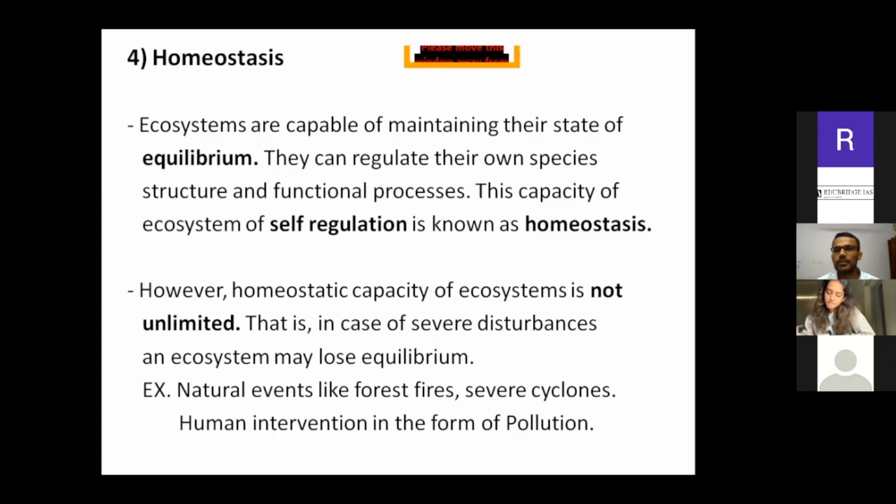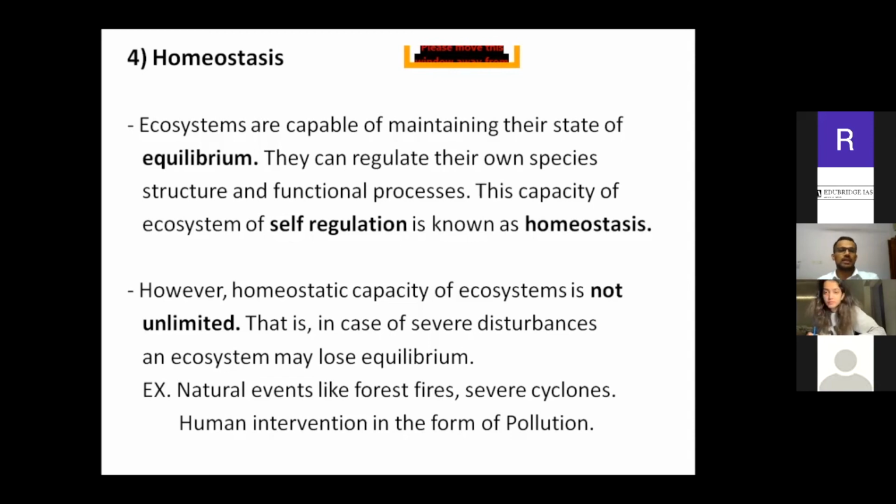Nutrient cycling is the most fundamental service that we receive from ecosystem. Without nutrient cycling... rainfall from water cycle, yes, you can use that also. Rainfall or even soil formation. Soil formation is the most basic fundamental service that we receive.